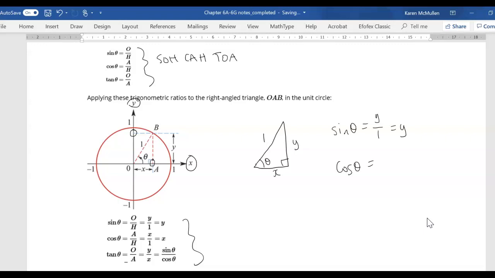And cos theta is adjacent over hypotenuse, so x over 1 equals x. And then tan theta is opposite over adjacent, so we've got y over x, or sine over cos, which is important to remember. Actually, I might just write that here. Tan theta is the same as sine theta over cos theta, because when we do our exact values, you might use this relationship to remember what tan is equal to.